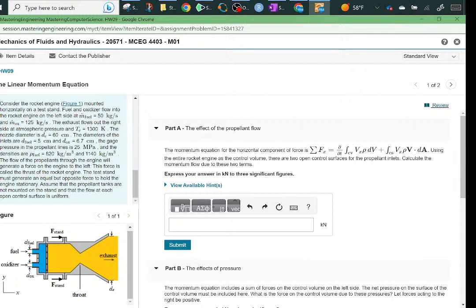Okay, so the densities are the fuel, 820. Fuel is that, and then he says that. So I'm assuming his sentence is the diameters of the inlets are given. The gauge pressures and the densities are.